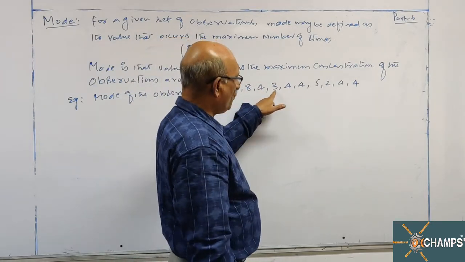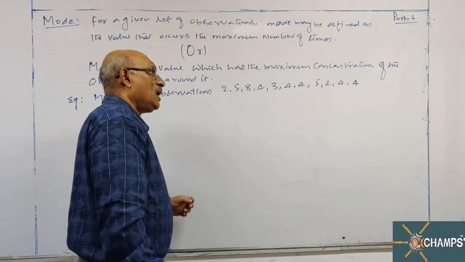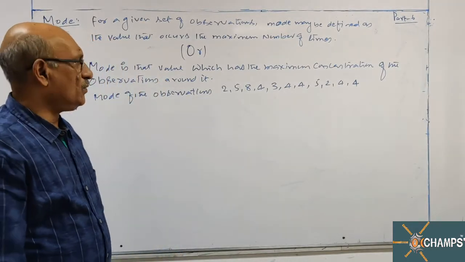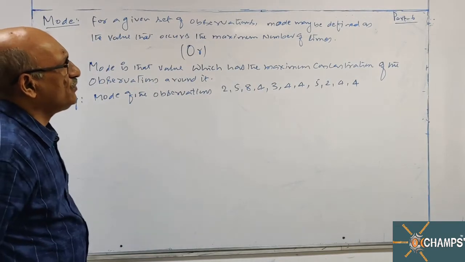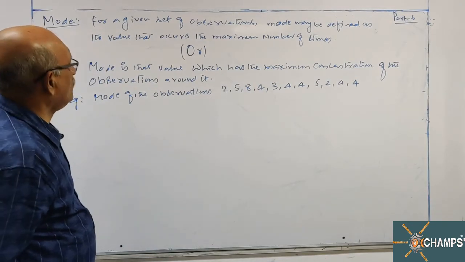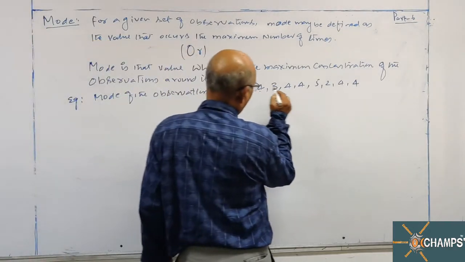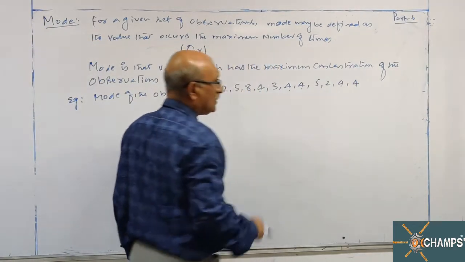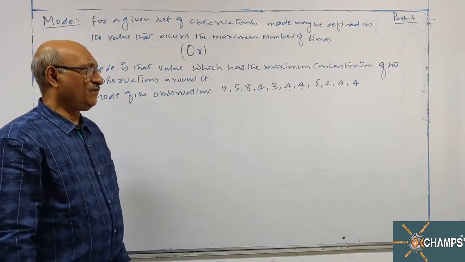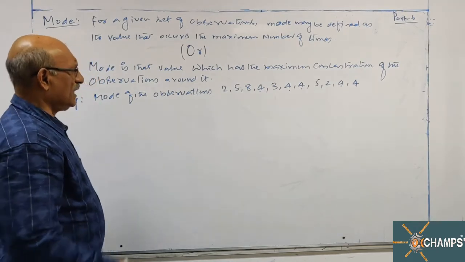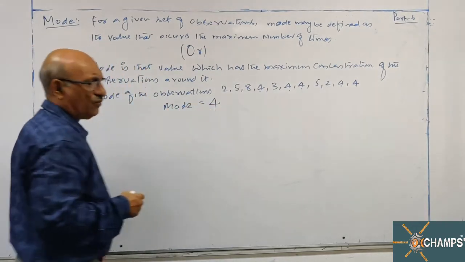There are 11 observations. You have to identify mode. Mode means, for a given set of observations, the value that occurs the maximum number of times. 4 occurred the maximum number of times. Therefore, mode is equal to 4.